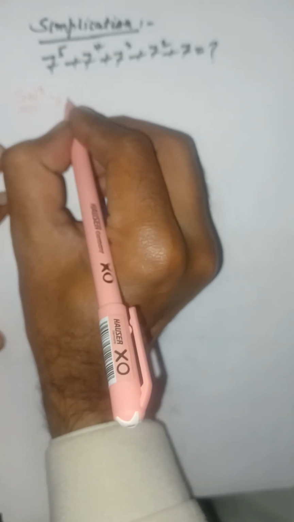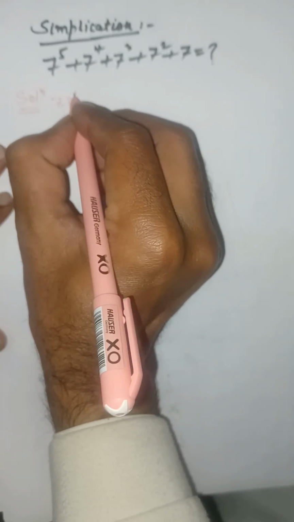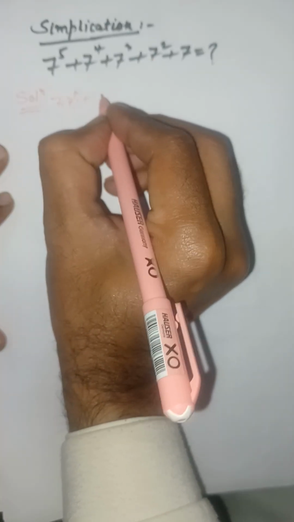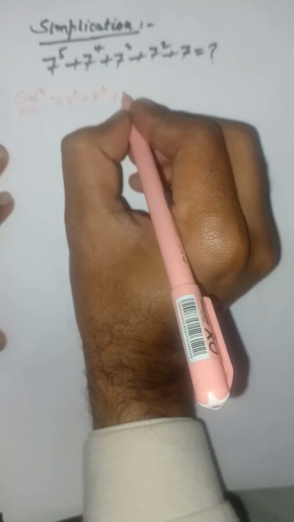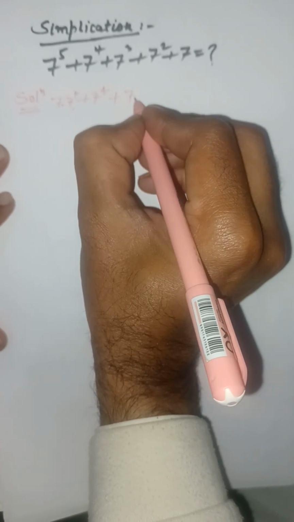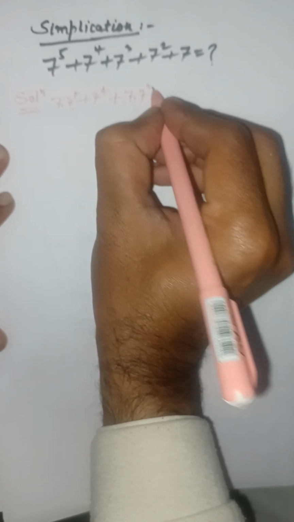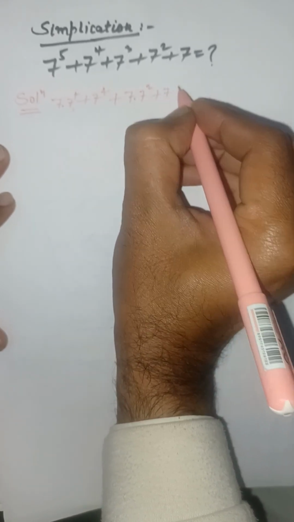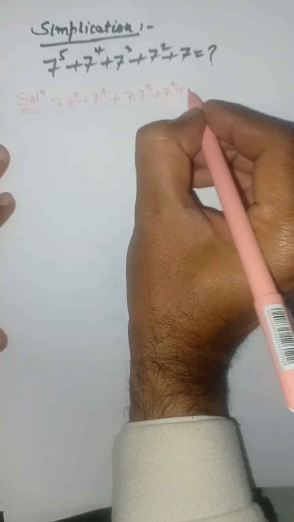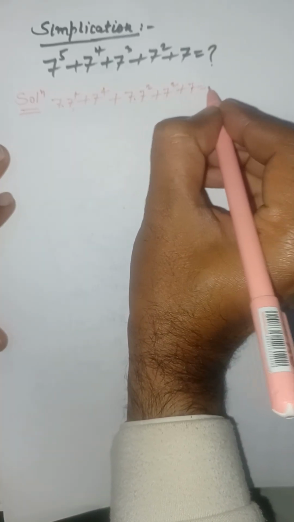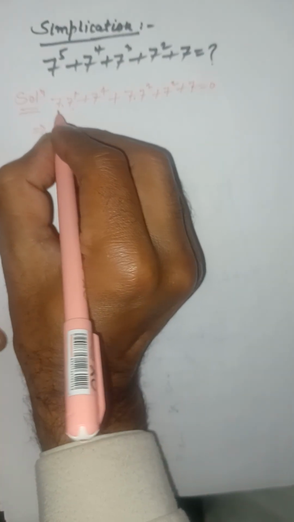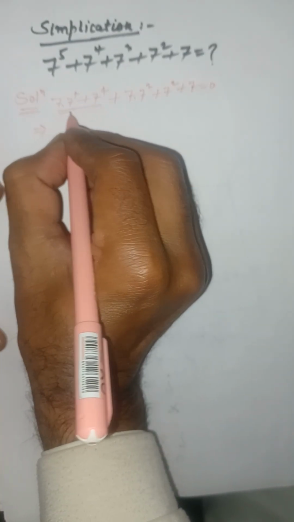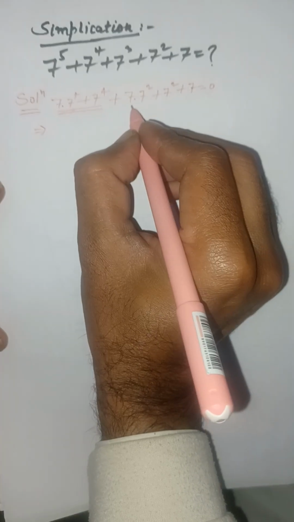7 into 7 power 4 plus 7 power 4 plus 7 into 7 power 2 plus 7 power 2 plus 7 equal to 0. Then 7 power 4 is common.